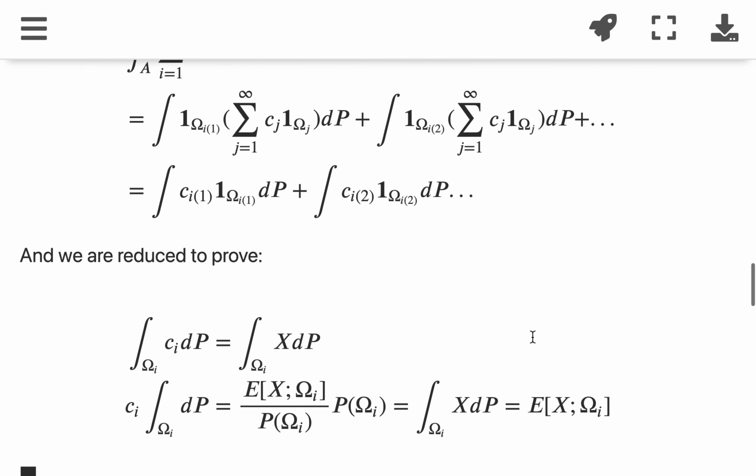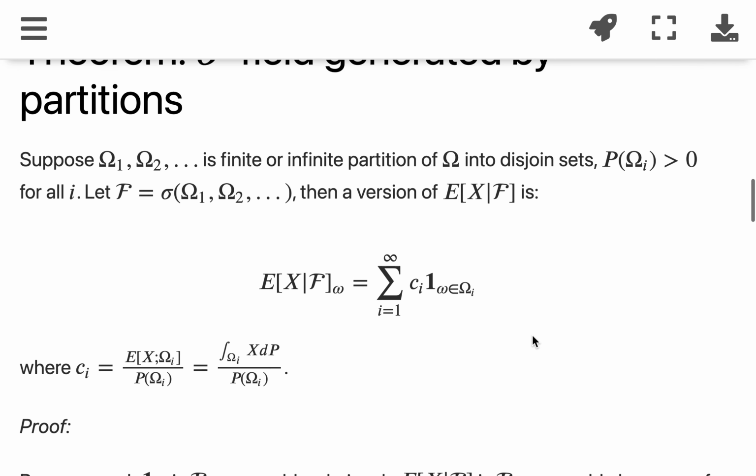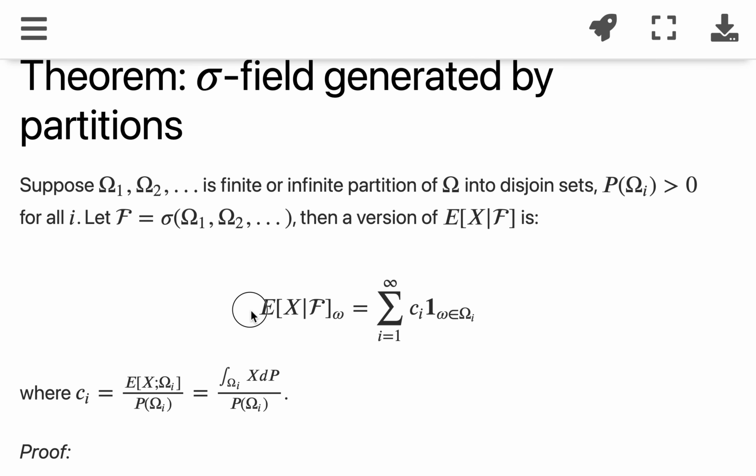So the first thing I want to talk about is the representation of conditional expectation, which we talked about in the last video is a random variable, when the sigma field F is generated by a partition of sets from the space omega.